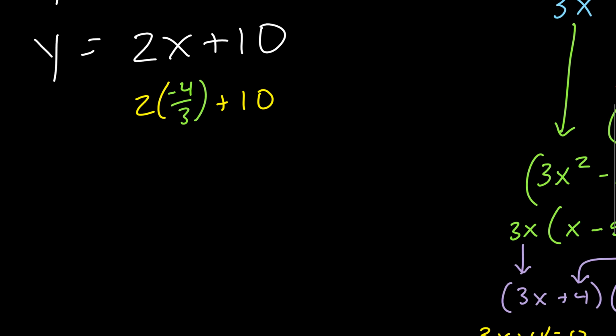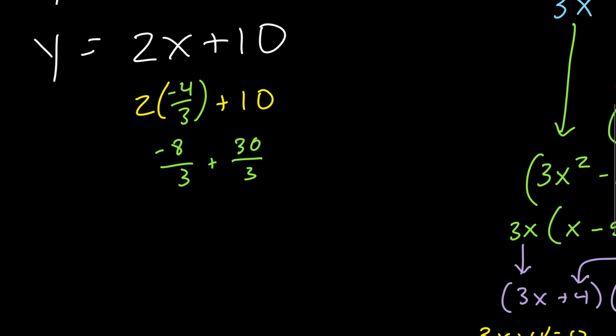So here's where people, I think, are screwing up a little. What's 2 times negative 4? We always multiply the whole number times the numerator. Negative 8. And then how do we change 10 into thirds? So what is 10 times 3? So we have 30/3.